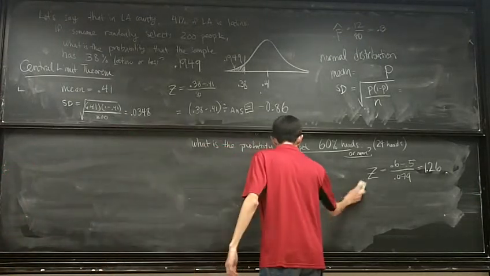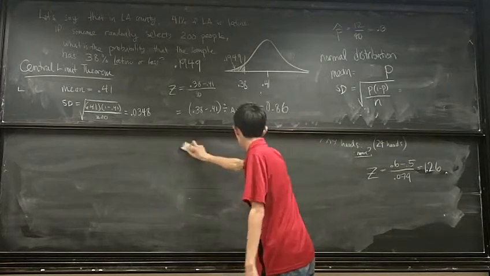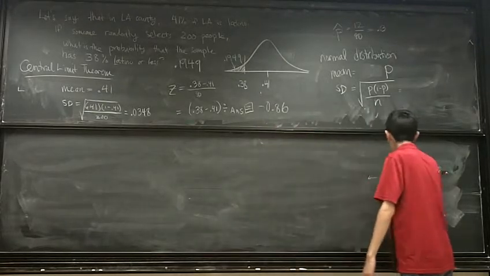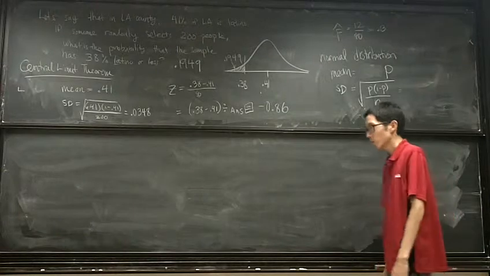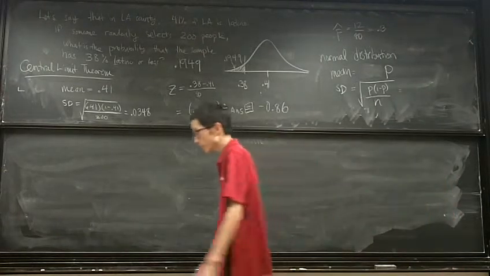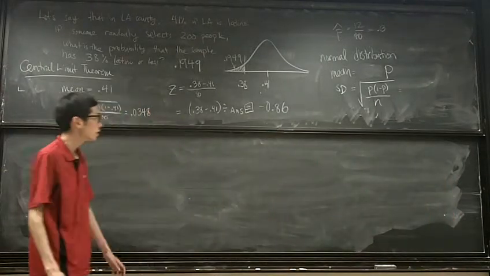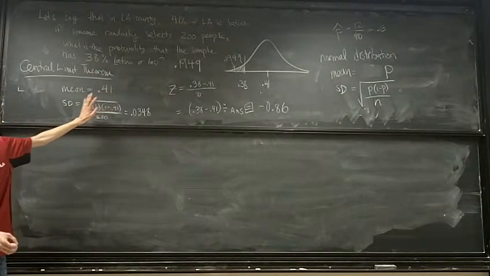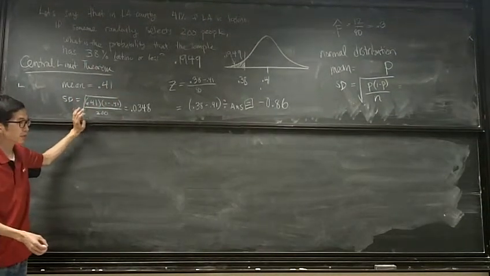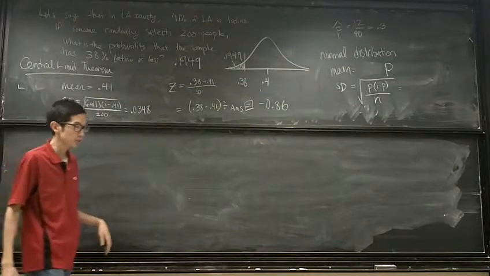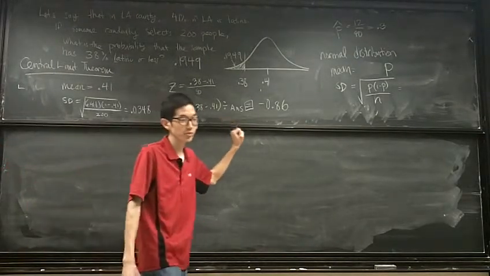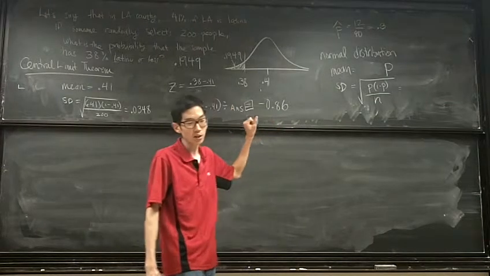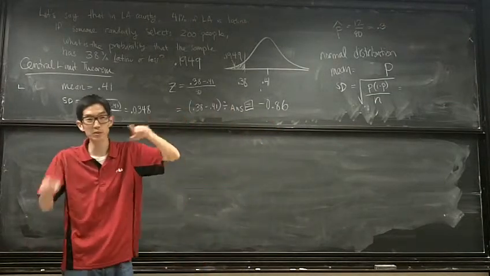All right, so there are a few warnings or things that we have to take into consideration. We use the normal distribution here, but the truth is that the normal distribution doesn't always work.